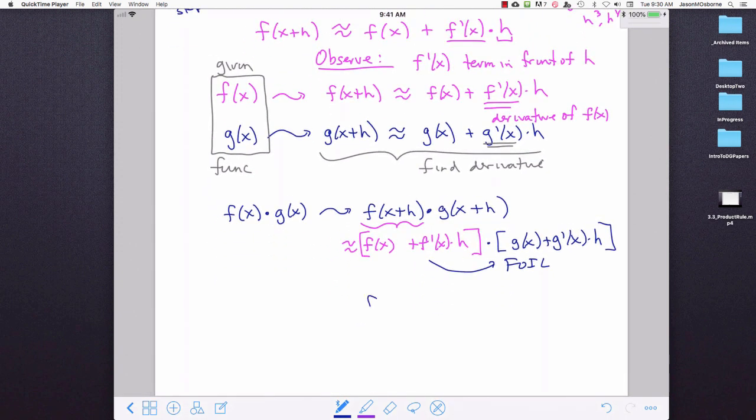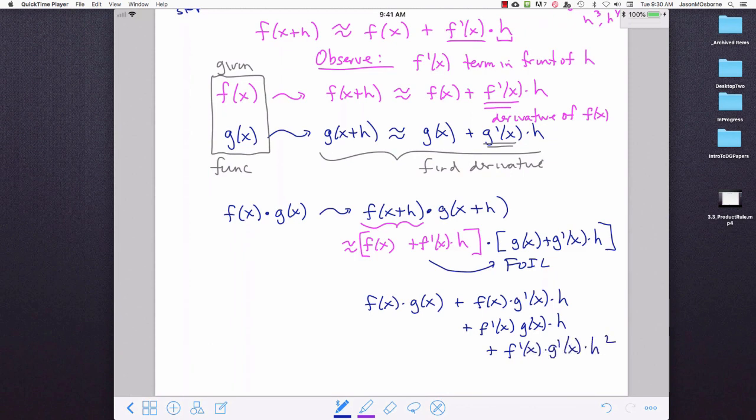you'll get f of x times g of x plus f of x times g prime of x times h plus f prime of x g of x times h plus f prime of x times g prime of x times h squared. You're just FOILing this out.